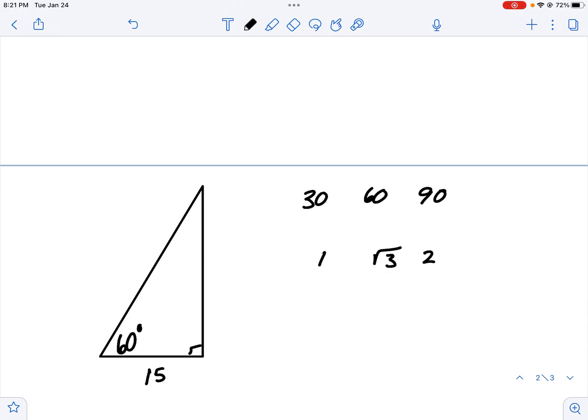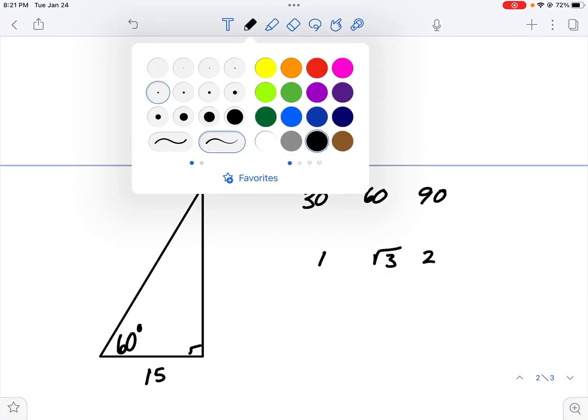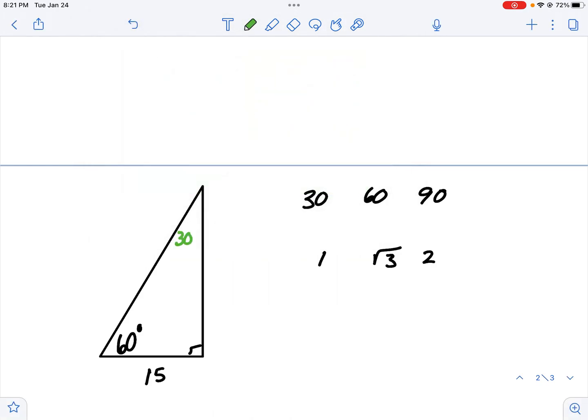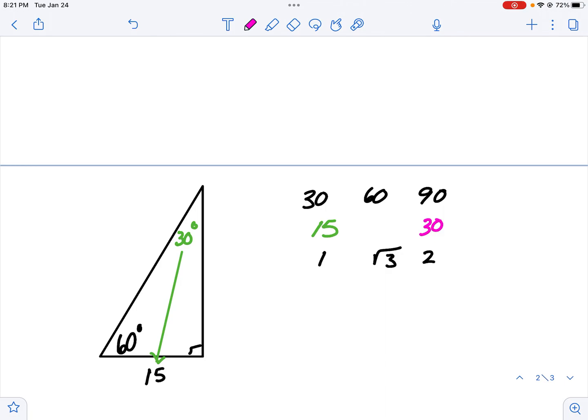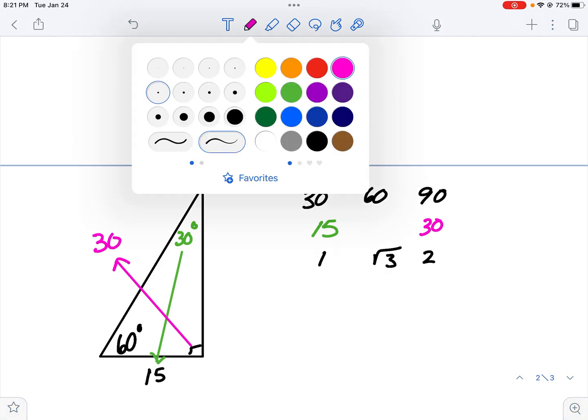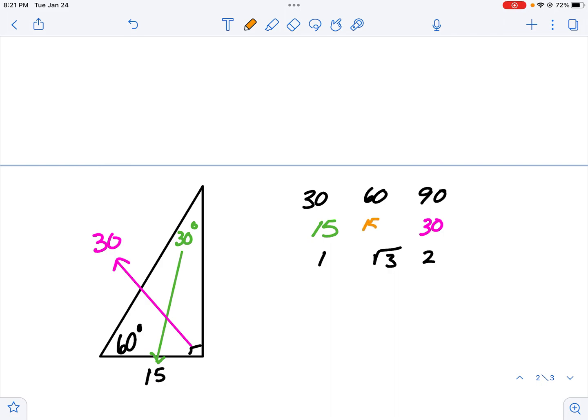Then 15 is across from the 30 degrees, so the 15 would go here. So if the 15 goes there, then twice as big has to be 30. And this piece has to be 15 root 3.